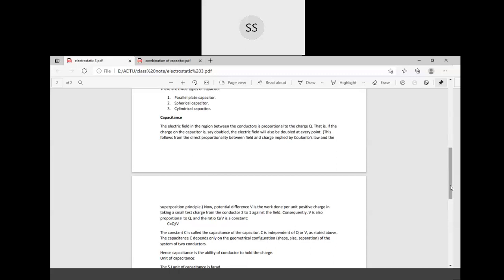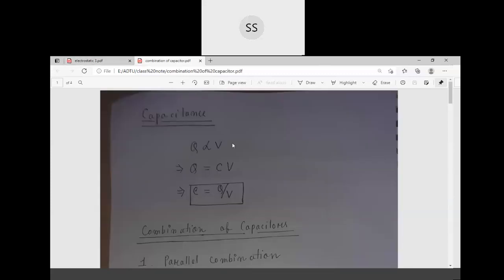So we can say that Q is directly proportional to V. To get a particular value, we have to remove the proportionality sign, so we put some constant. That constant is C. So Q equal to CV. C is the capacitance of the capacitor, right?